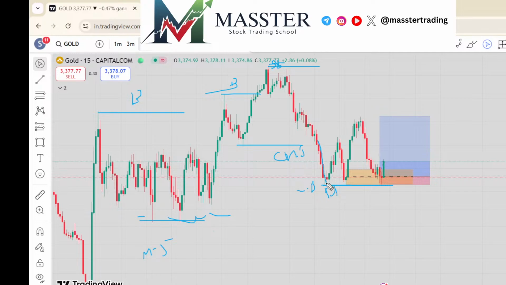After the change of character, it came back just the minimum to the point of the change of character, and it has still not come back for a pullback for further selling. Here we can see our order block for the sellings.